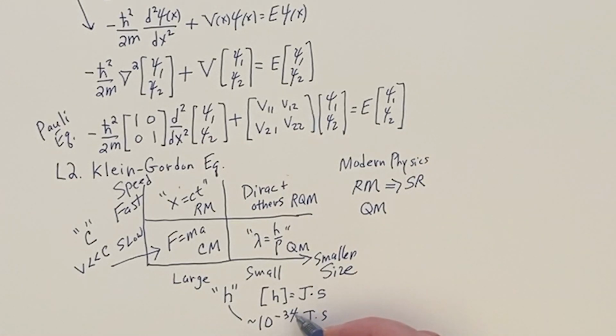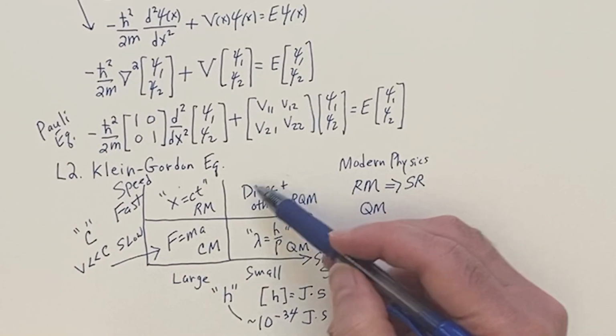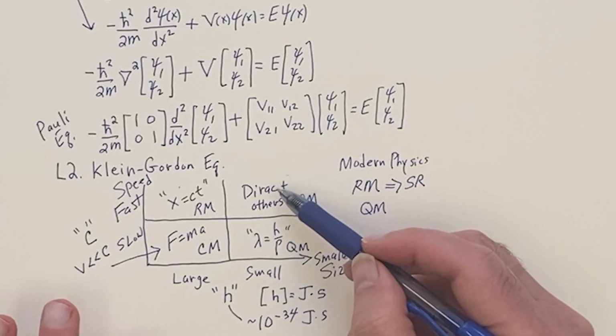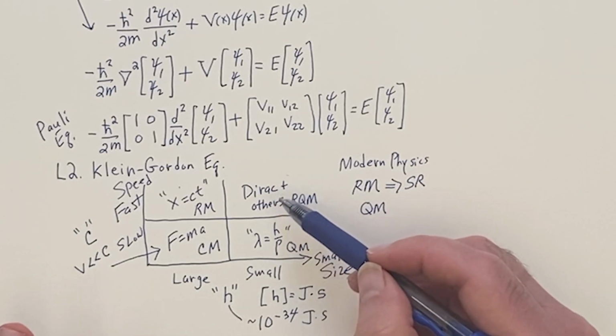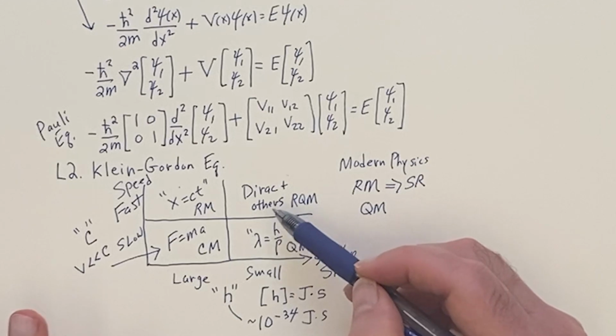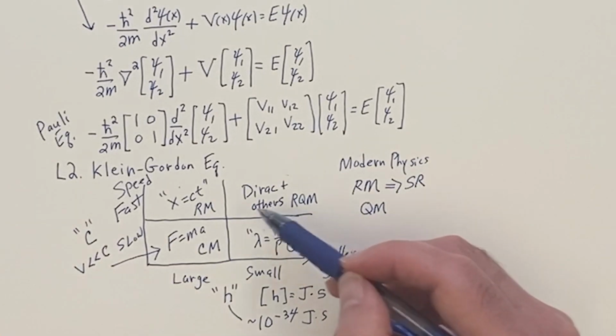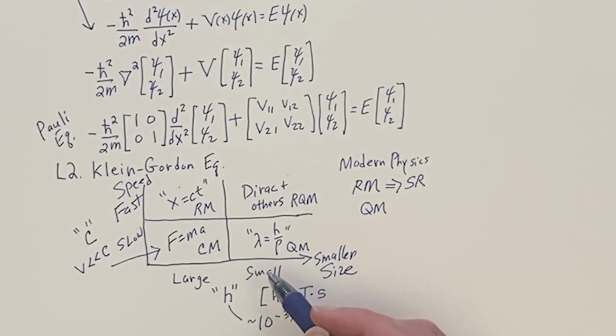So unless you're really small like that, you're going to be over in here. So let's go and search for the relativistic quantum equation. And actually, Schrödinger did something that we're going to be doing now first, all right? And that's going to be arriving at the Klein-Gordon equation.